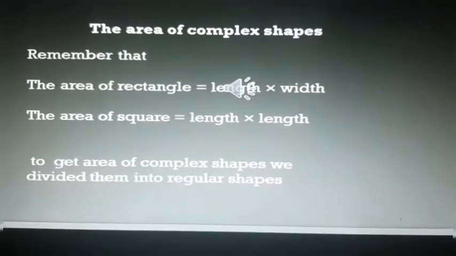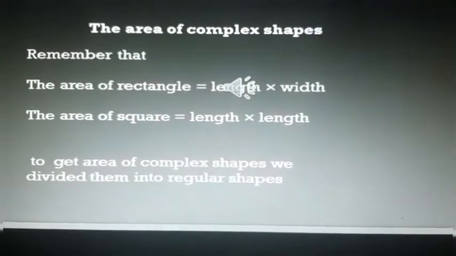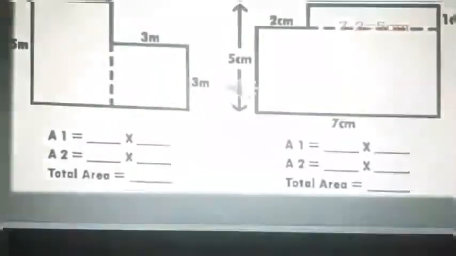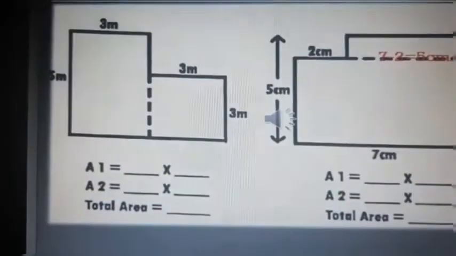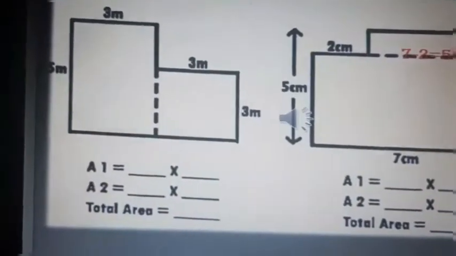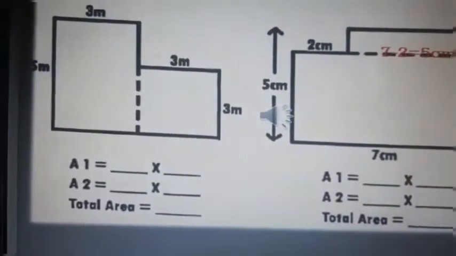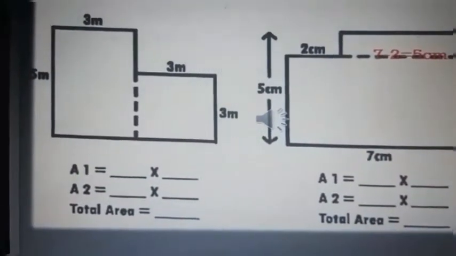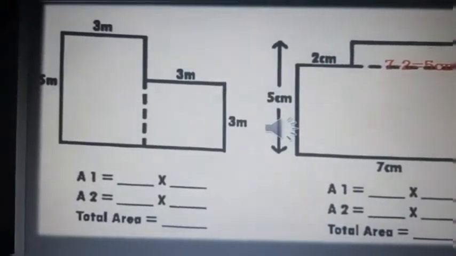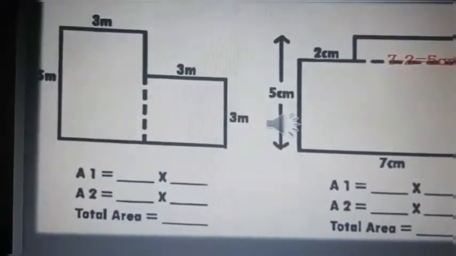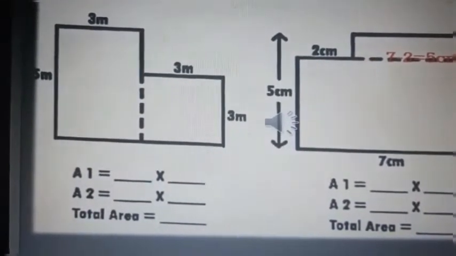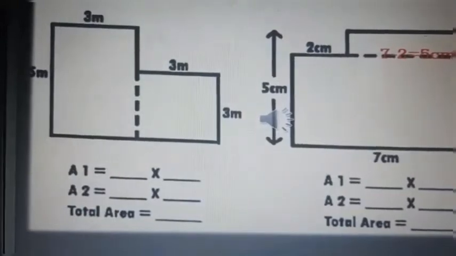Now open your booklet page 61 and solve with me. Number 1, I have this shape. This shape is a complex shape. To get the area of a complex shape, what do we do? Yes, we divide it into regular shapes.